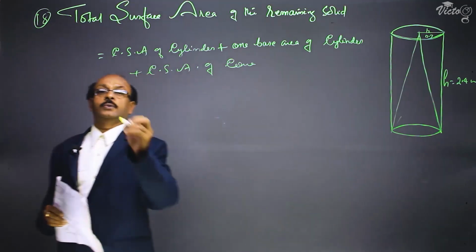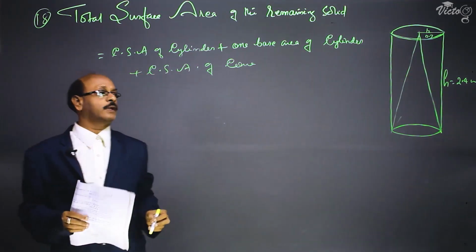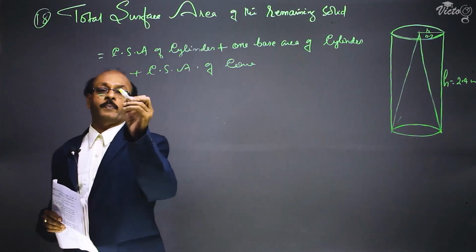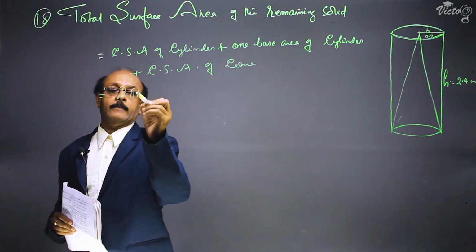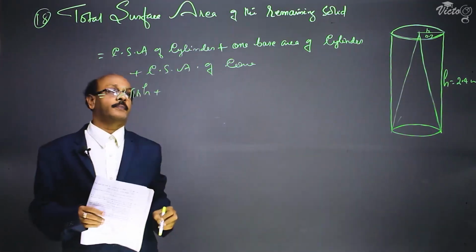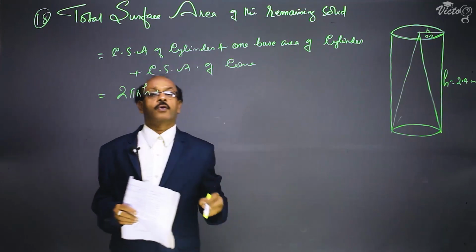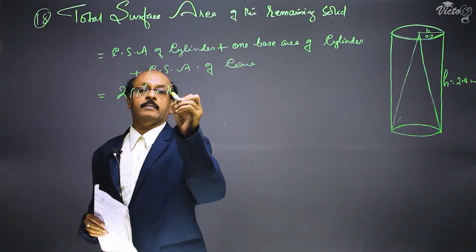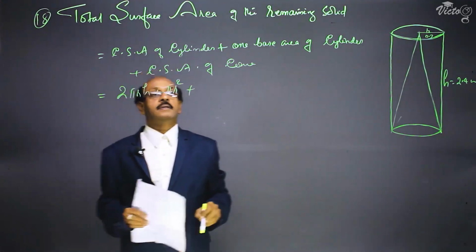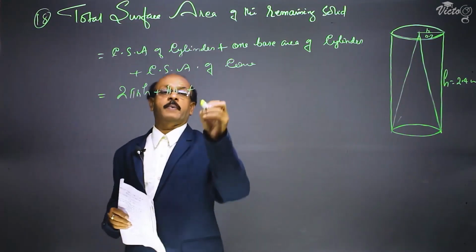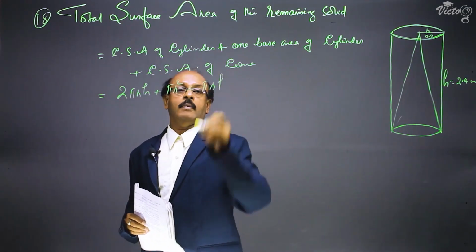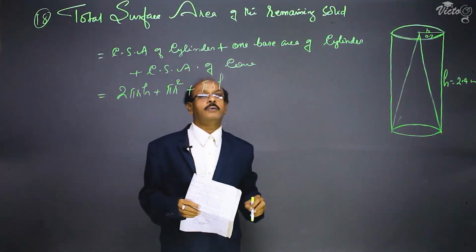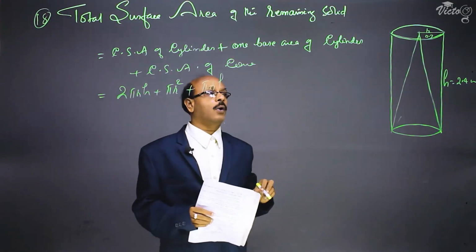Curved surface area of cylinder formula is 2 pi RH, plus one base area of cylinder formula is pi r square, plus CSA of cone formula is pi RL. For that we have to find out the slant height L of the cone.